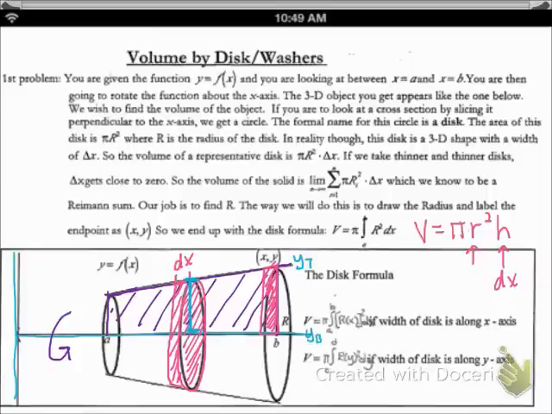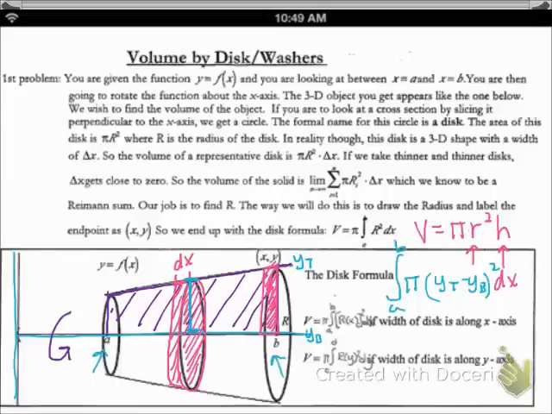Okay, so the radius here is going to be y top minus y bottom. And then that would be squared. And then this pi, well, this pi is just a constant. So now we're going to have this new expression for volume, and we're going to want to sum all of those up, which is just the same thing as taking an integral. And we're going to integrate from point A out to point B.